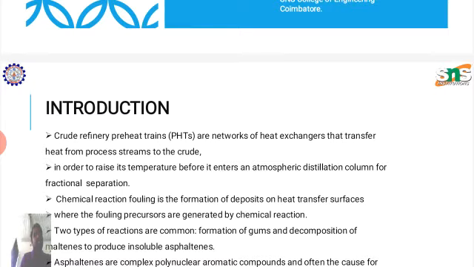Careful analysis of monitoring data provides useful diagnostics. Several quantitative models for calculating or estimating crude oil fouling rates have appeared.